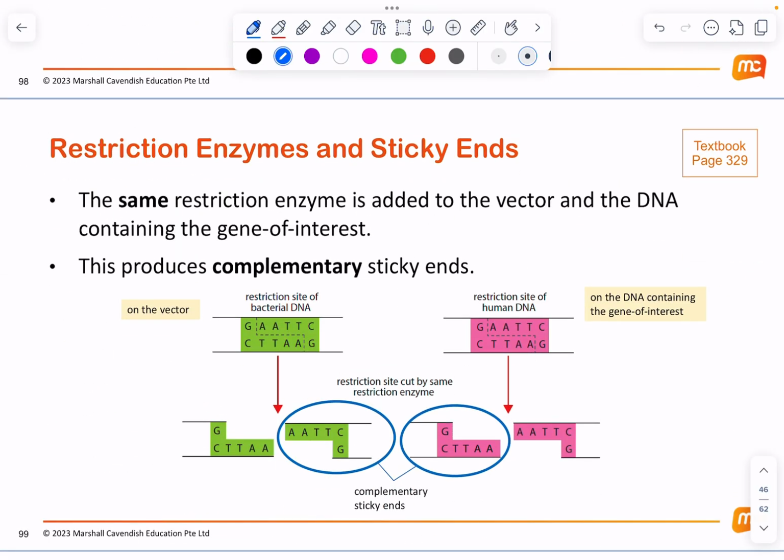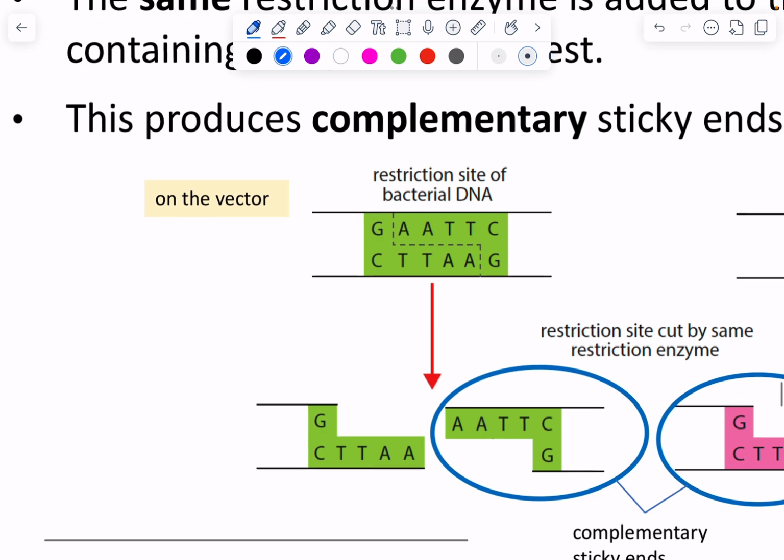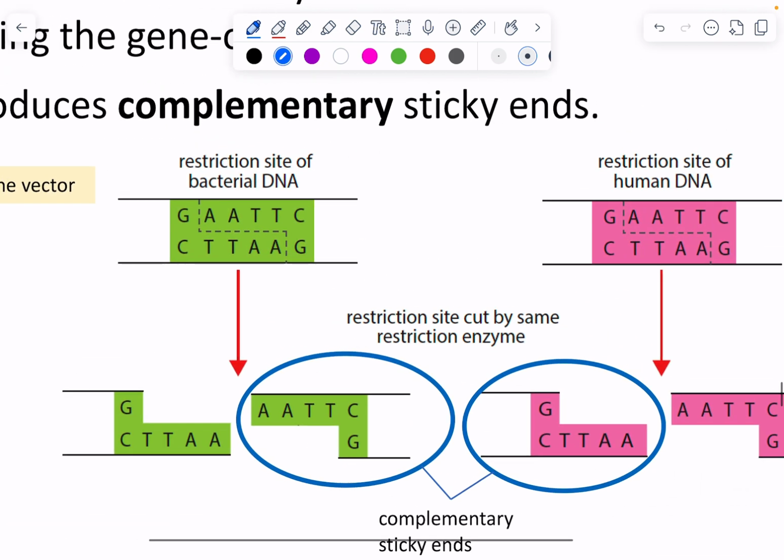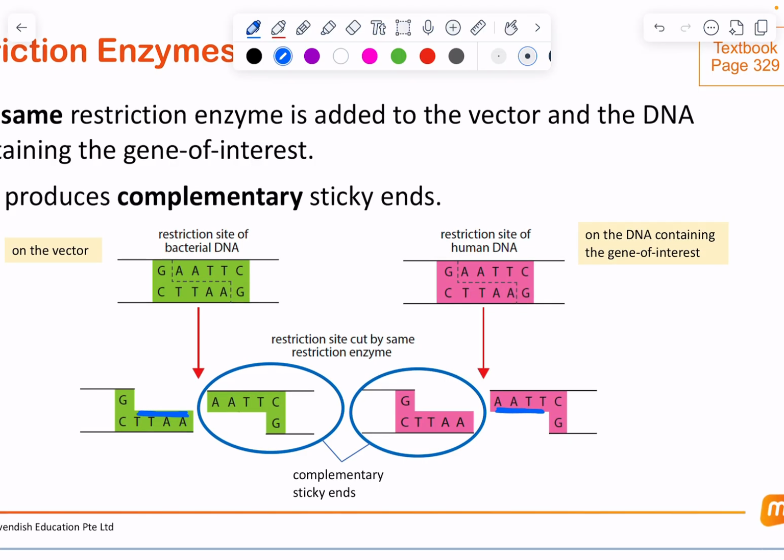So the same restriction enzyme is added to the vector and the DNA so that we create the same sticky ends. What we can see is that the vector we cut, as well as the gene of interest that we cut, so that this part, the AATT, will be able to stick to the same part of the vector. That's what we want. Otherwise this whole thing is by chance.